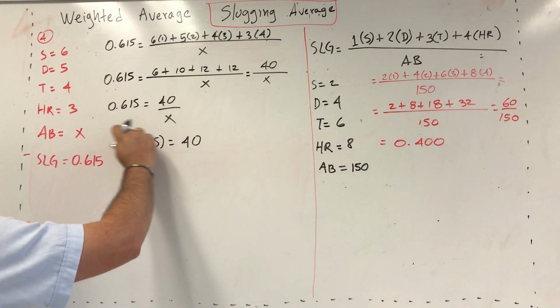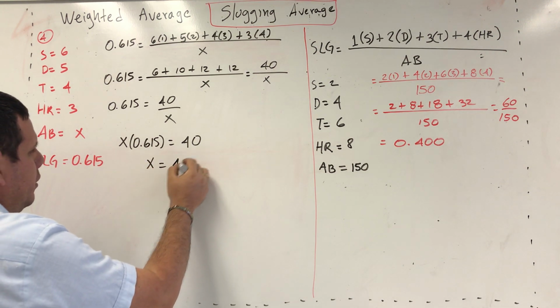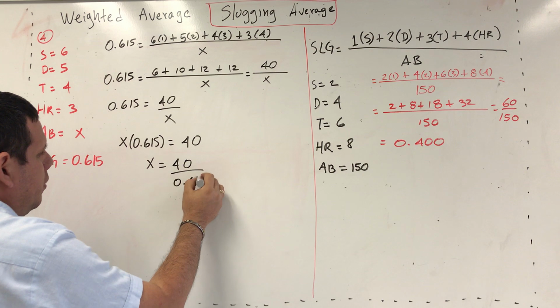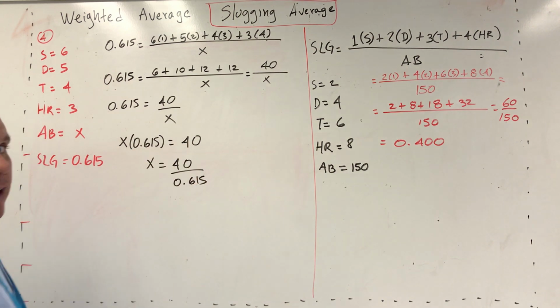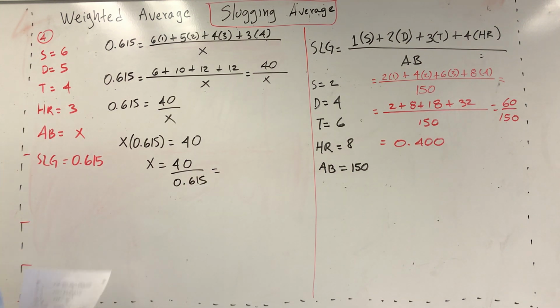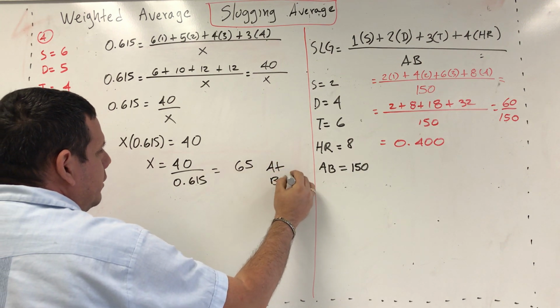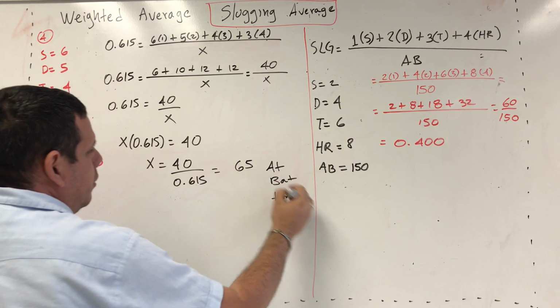I move the x to the opposite side. X equals 40 divided by 0.615 because I move this factor to the other side of the equation, and x equals 65. 65 at bats.